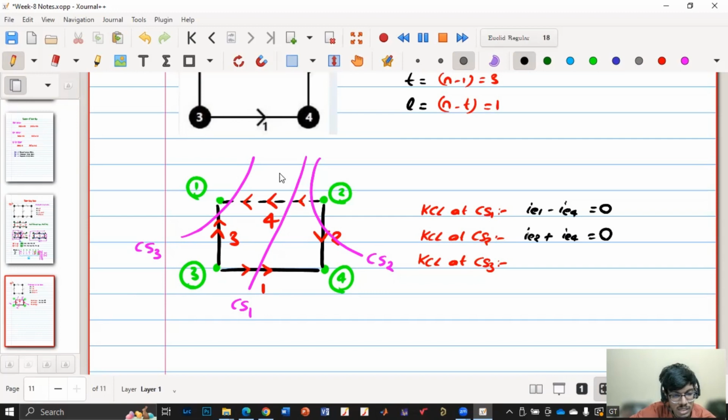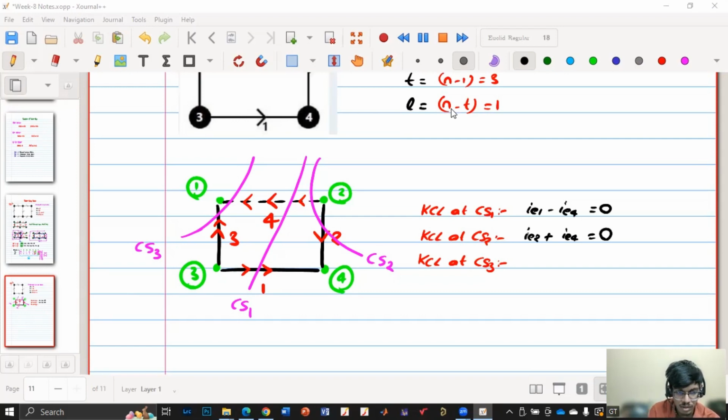Or you can mention in the chat box also. If you have any question, you ask me. If you are facing an issue, you can ask me. Or maybe others can tell what will be the KCL at cut set 3?